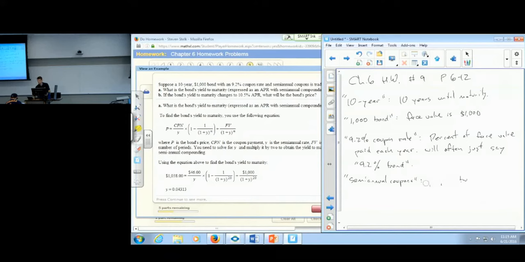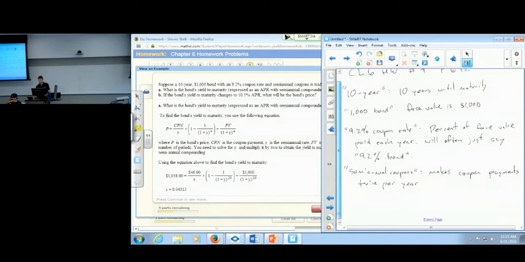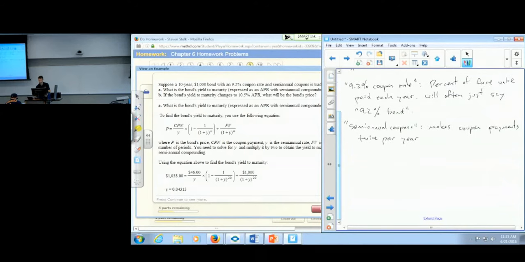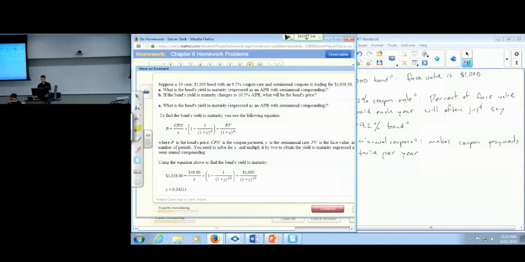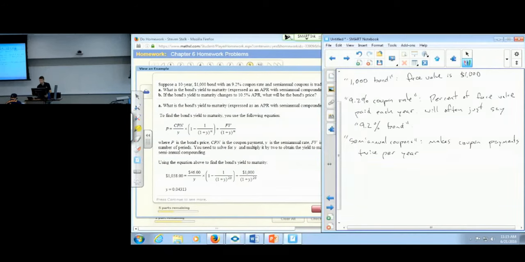It makes coupon payments twice per year. And finally it tells us it's trading for $1,038.